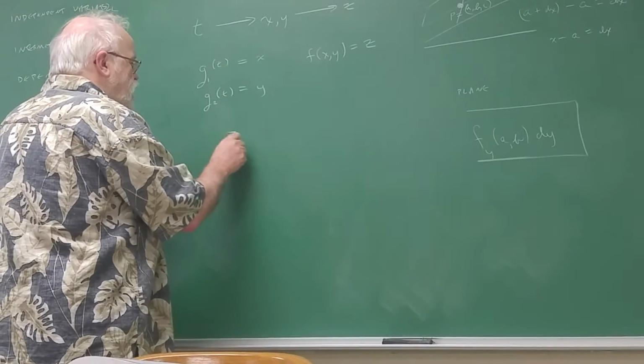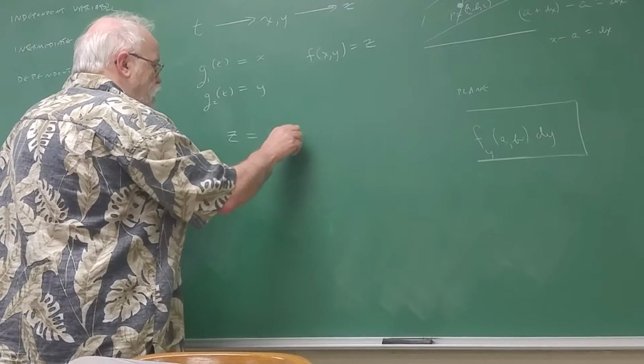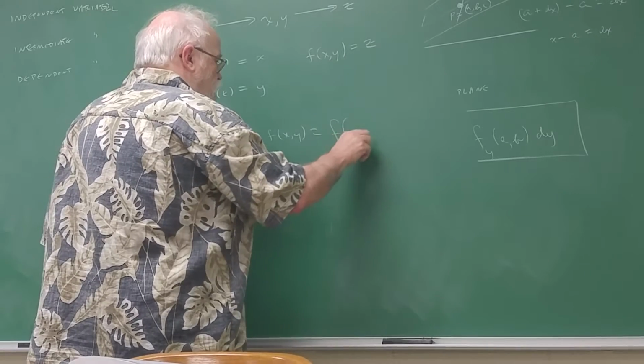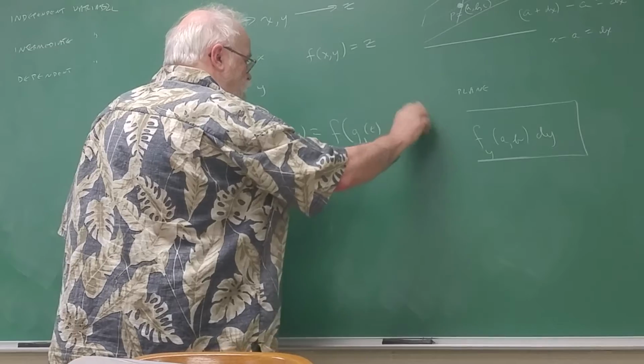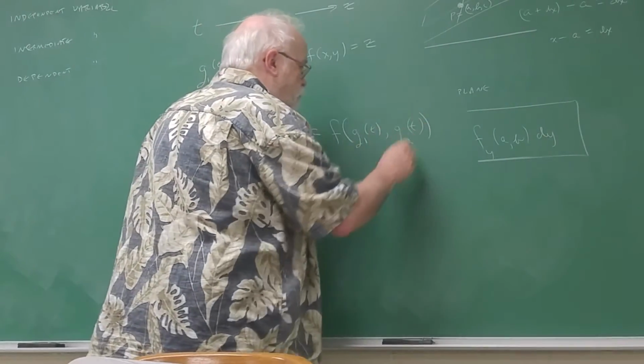So z is f of x, y, but x is g1 of t, and y is g2 of t. So that's what we're after here.